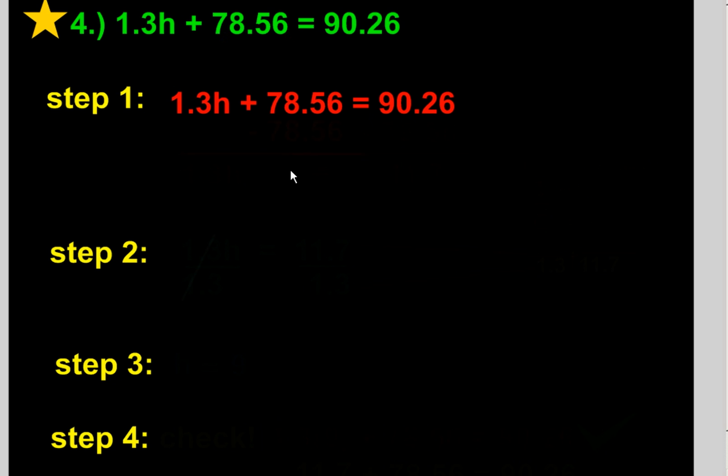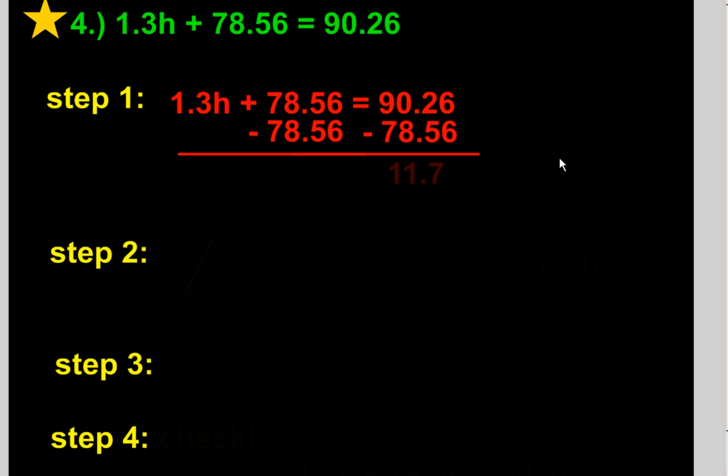So we start off by subtracting 78.56, and whatever we do to this side of the equal sign, we have to do to this side. If we do the subtraction, our answer works out to be 11.7, and we bring down the rest of the equation.